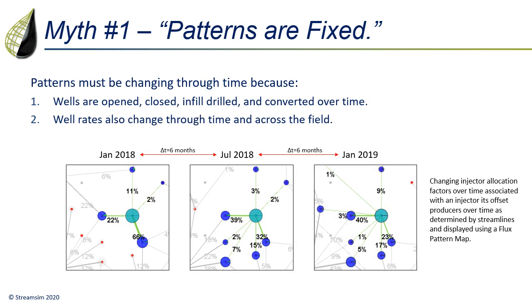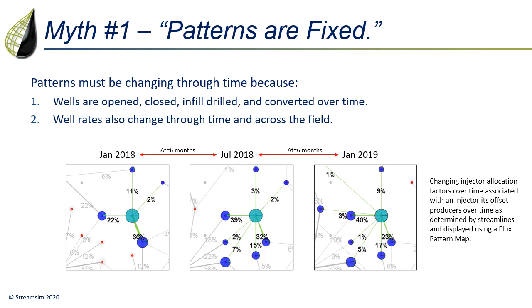And this brings us to myth number one, that patterns are fixed. Patterns must be changing through time because wells are opened, closed, infill drilled, and converted over time, and well rates also change through time and across the field.